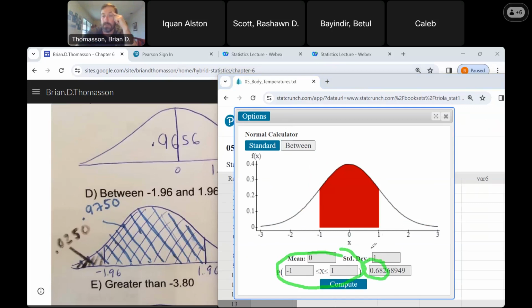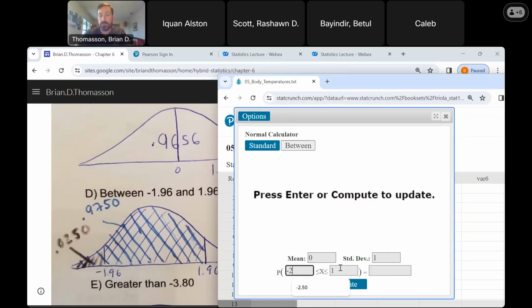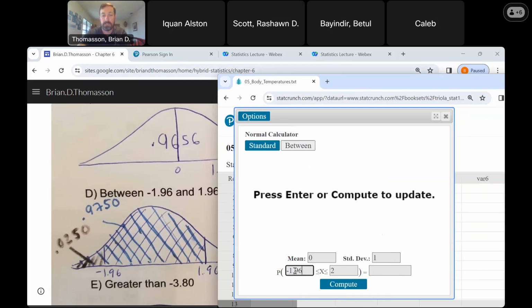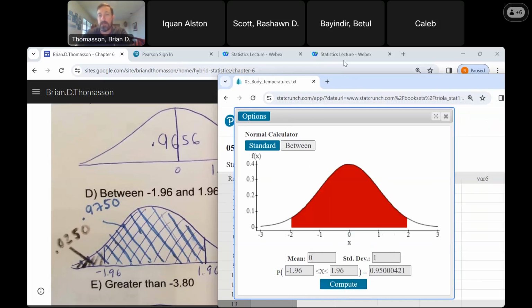If we were doing -2 to 2, that's our approximately 95%. That's where we're getting that approximately 95 from before. What we're doing in this problem is going from -1.96 to +1.96. That is very, very close to 95%.